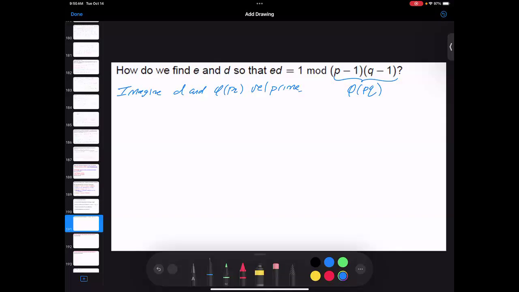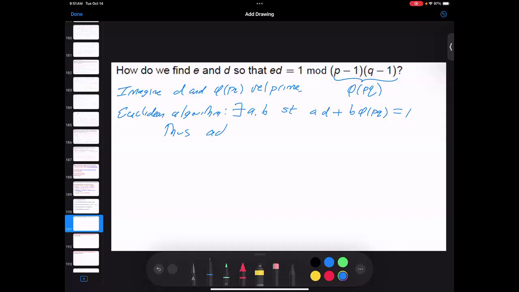Then there was a suggestion, let's use the Euclidean algorithm. So by the Euclidean algorithm, there exist a and b such that ad plus b phi of pq equals 1.